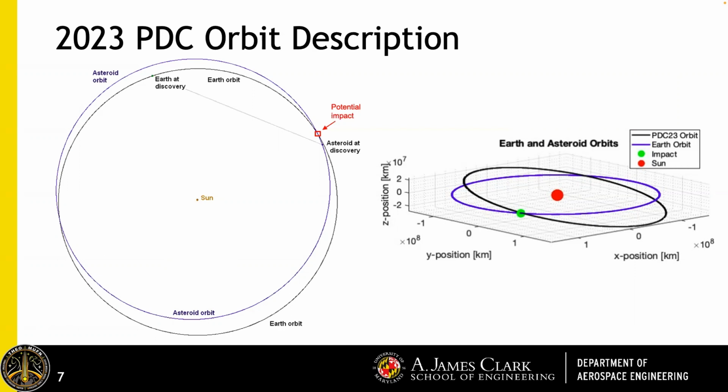What we can see is that the asteroid orbit is very inclined, which is a problem when you only have a specific amount of mass and you need a big velocity change to get there. We can also see that the impact point is where the asteroid and Earth orbits cross at those two nodes.